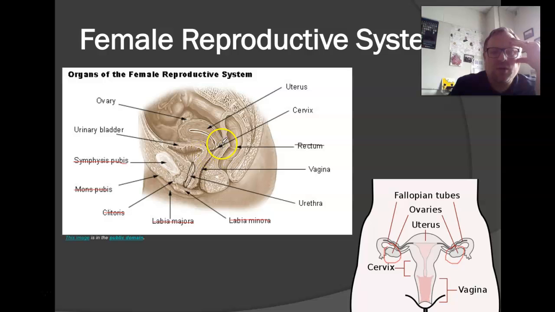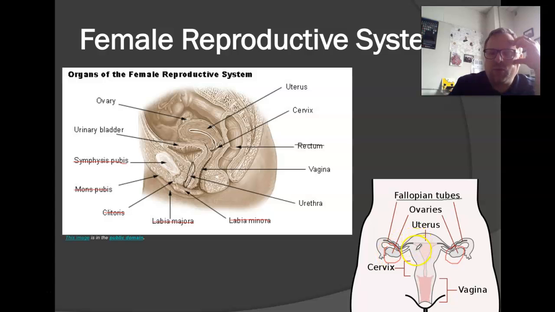The cervix we will talk about frequently. We'll get into it in more detail later, but it's kind of the bridge between the vagina and the uterus. So the cervix is that bit there, and then the uterus is this muscular structure here that is attached to the fallopian tubes, which I said we don't see on this diagram, but you do need to know the fallopian tubes are here, and those are the tubes that connect the ovaries to the uterus.